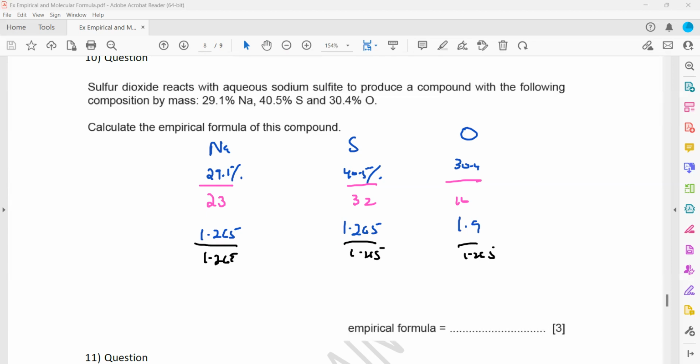So this is 1, 1 and 1.5. It's the same multiplication factor we use. First we start with 2. When we multiply all of them by 2, we get whole numbers, so we don't multiply with any other number. So this will become 2, 2 and 3. The formula will be sodium 2, sulfur 2 and oxygen 3.